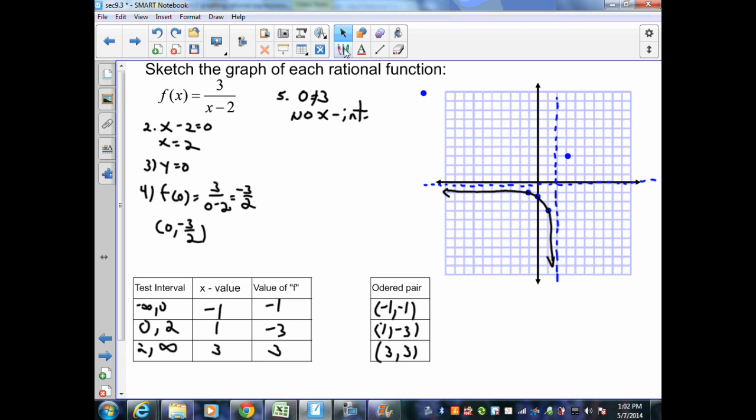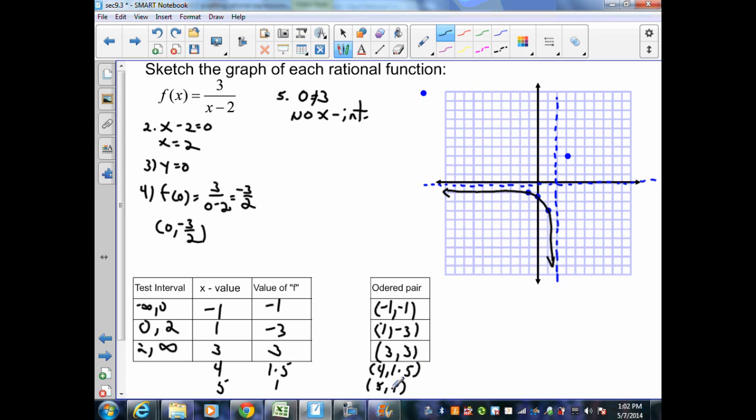And I can now select 2 more points. Let's choose 4. And when I plug in 4 for x, I'm going to get 1.5. And let's do 5. I'm going to get 1. So my ordered pairs are going to be 4, 1.5, and 5, 1.